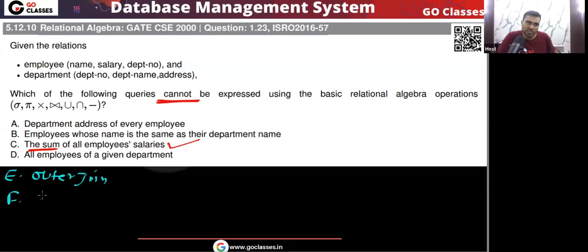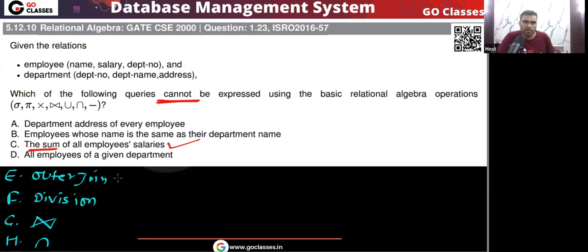If option F is division, what about this? The next option, let's assume, is natural join. And let's assume the next operation is intersection. So now you tell me.